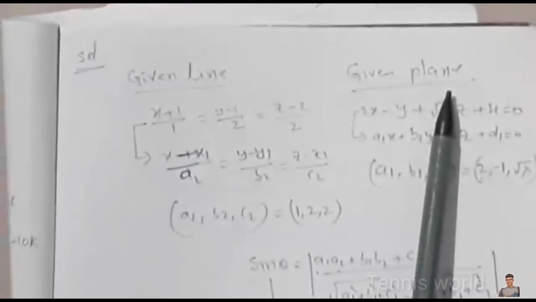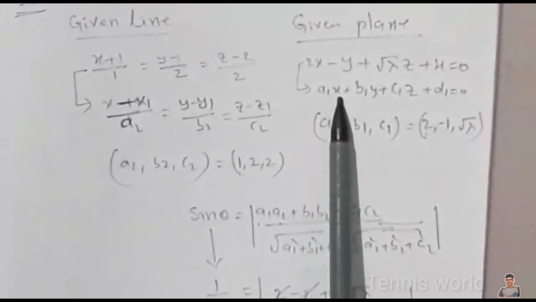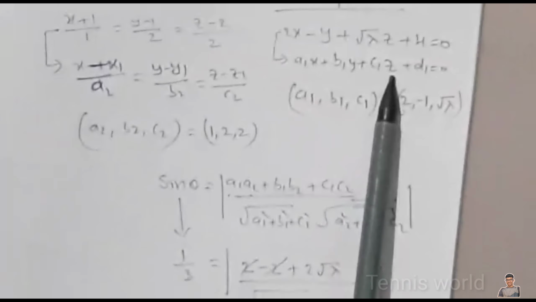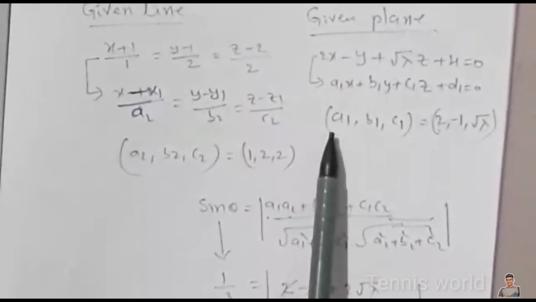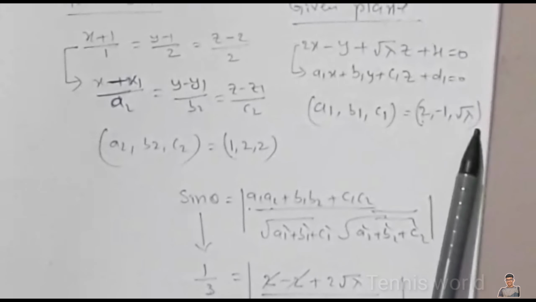First, take the plane. Compare the given plane with a1x plus b1y plus c1z plus d1 is equal to 0. You will get the a1, b1, c1 values, which are 2, minus 1 and root lambda.